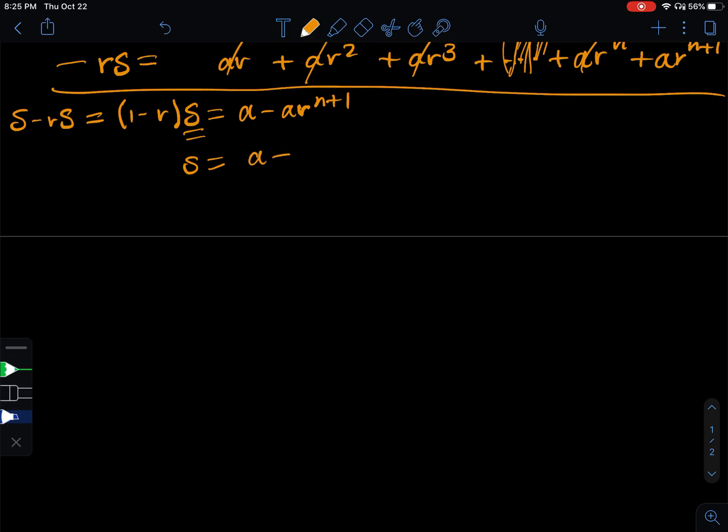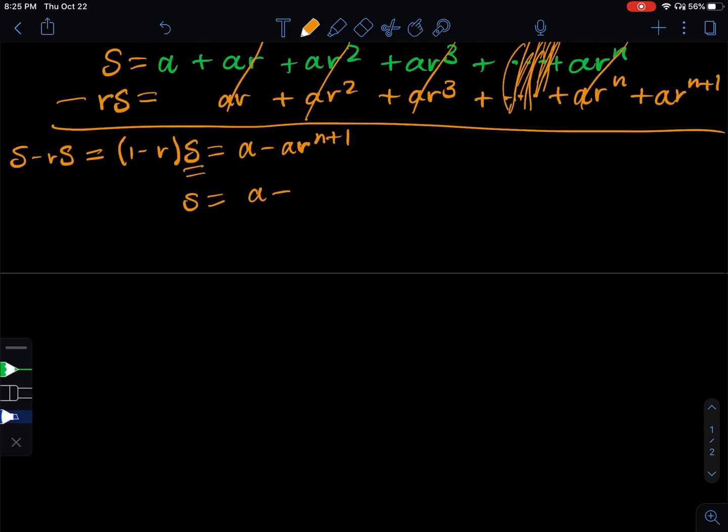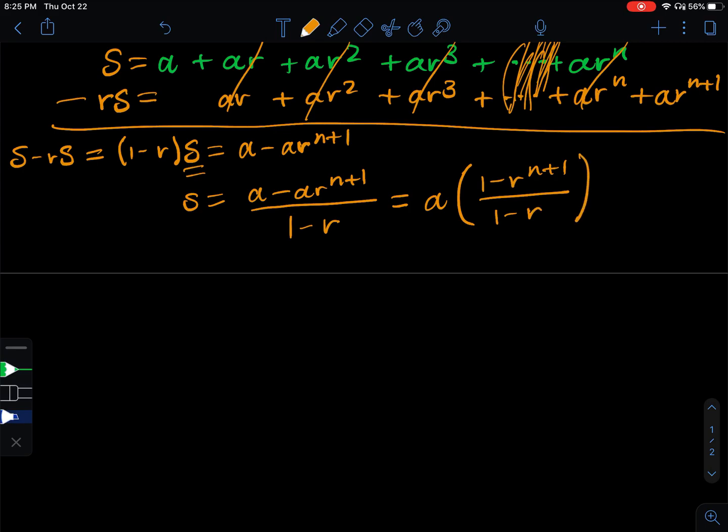And doing that will give you a minus ar to the n plus 1 power over 1 minus r. Or this is actually more commonly written as a times 1 minus r to the n plus 1 over 1 minus r. I just factored out an a from the numerator.